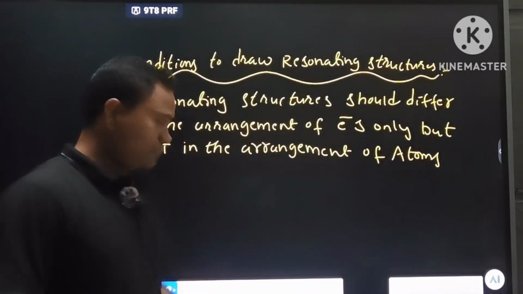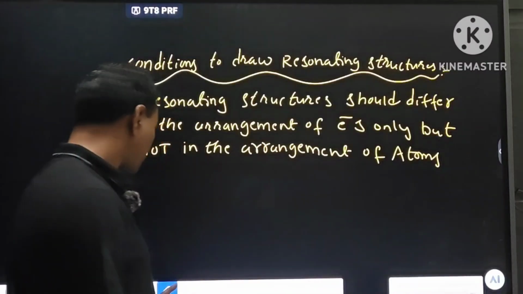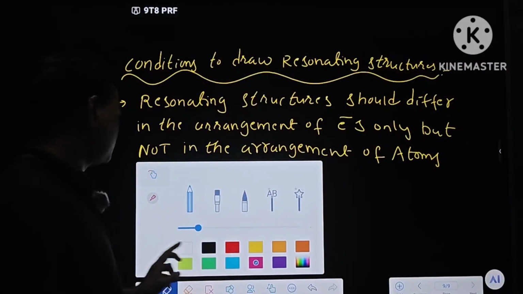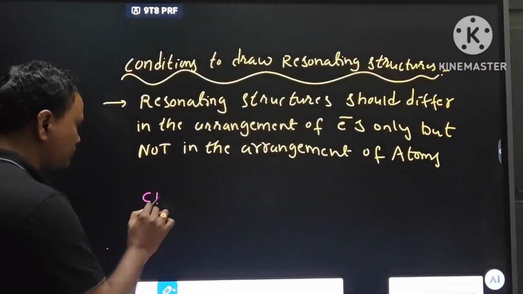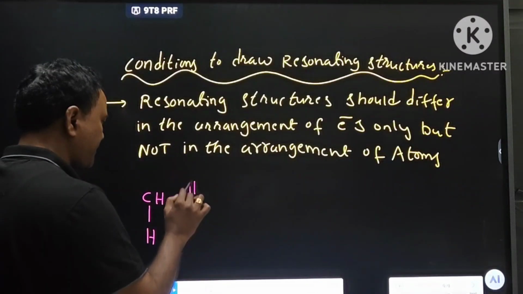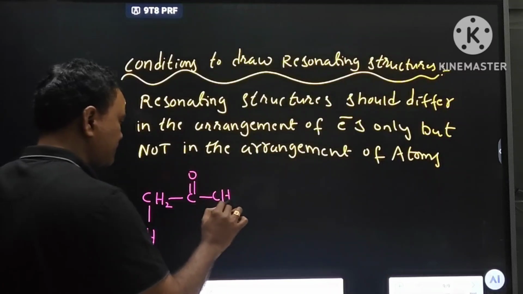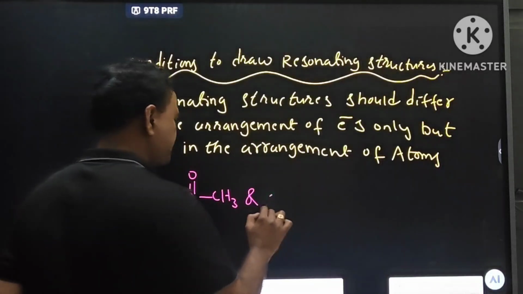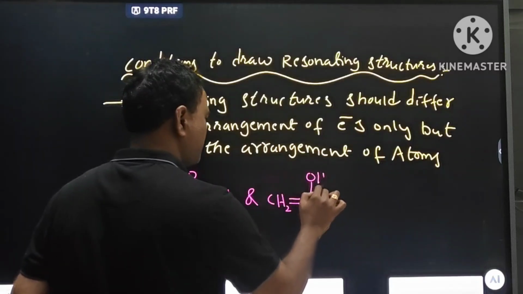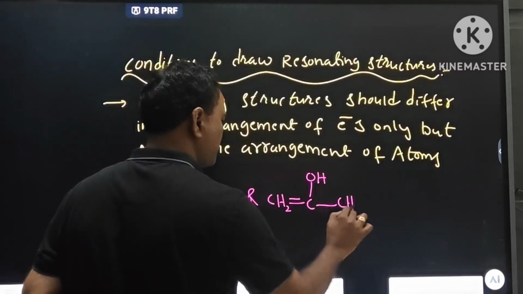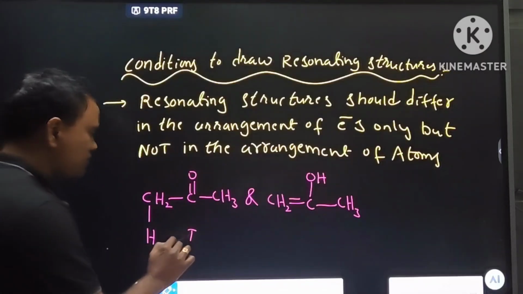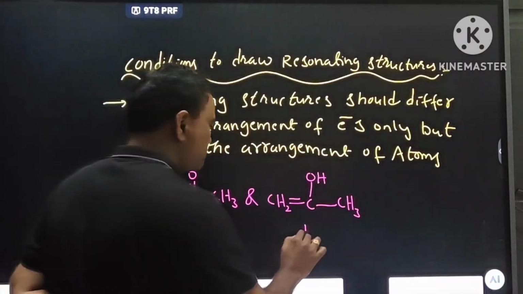Let us see one example. Let us consider this as structure 1 and this as structure 2.